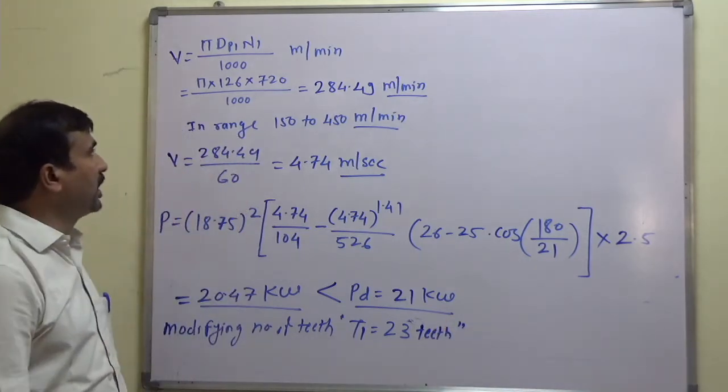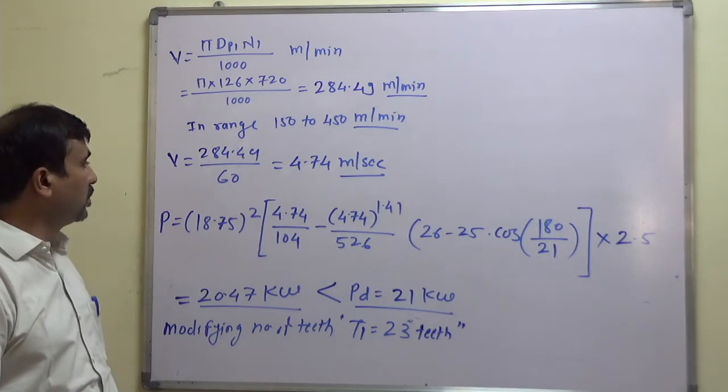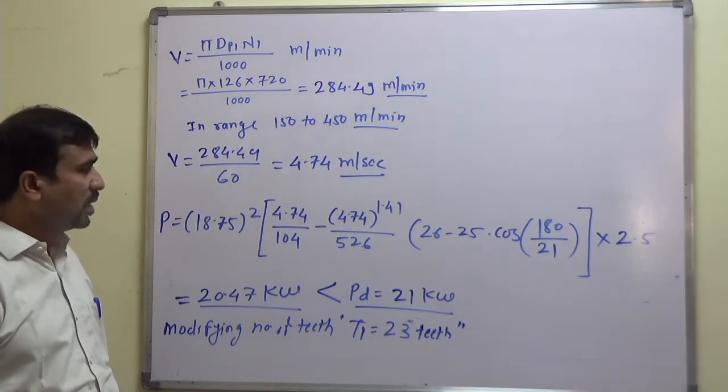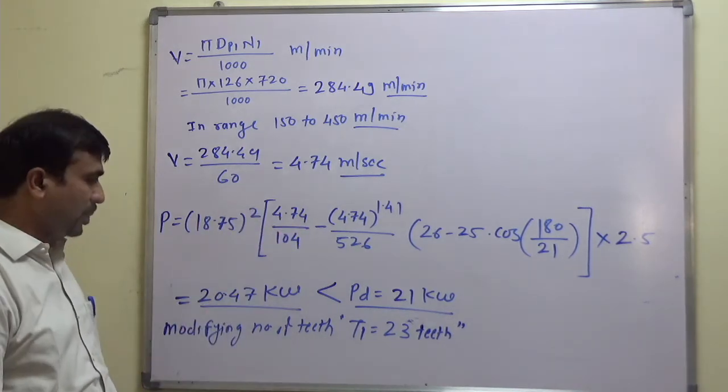Now as we are changing the number of teeth, obviously dP is going to change. As dP changes, V will also change, and again you need to calculate power capacity.